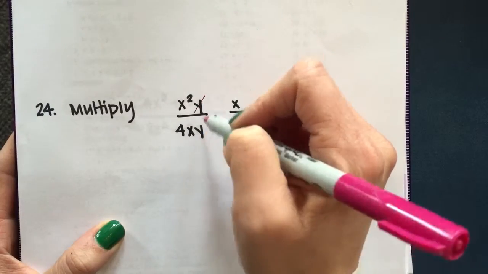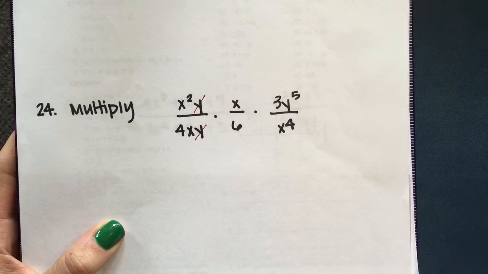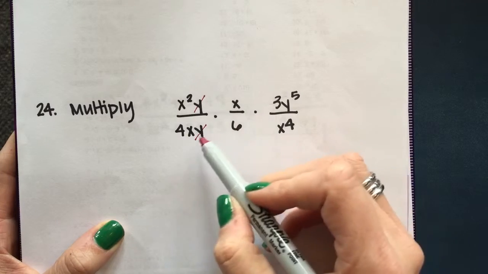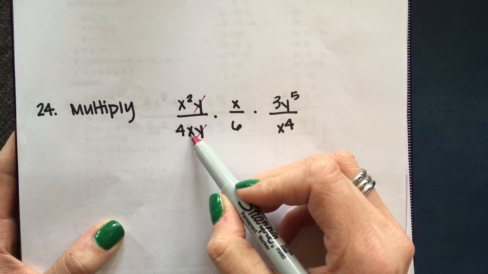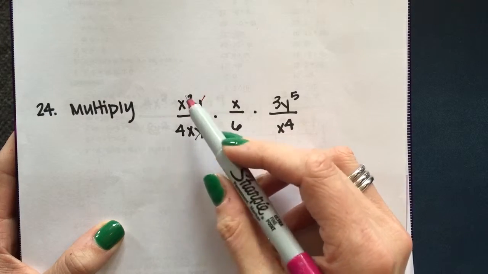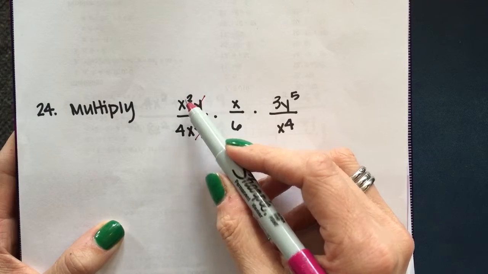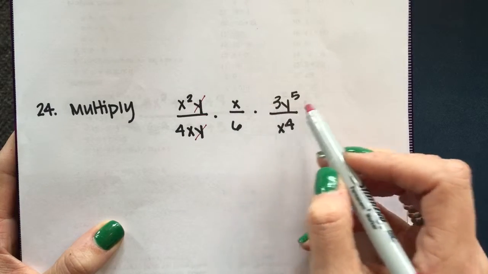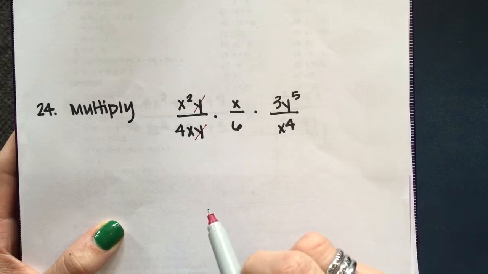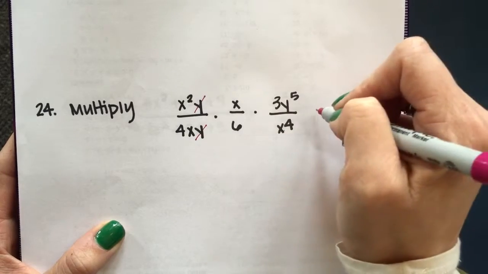There's a y on top and a y on bottom. Those I can cancel, but I also can cancel if they're in different terms and still in the top and the bottom. So I could cancel this x with that x, or I could cancel this x with one of these. Or you could multiply the bottom all out first, and then simplify at the end, which may be easier.